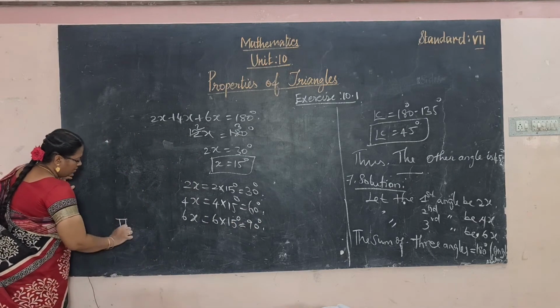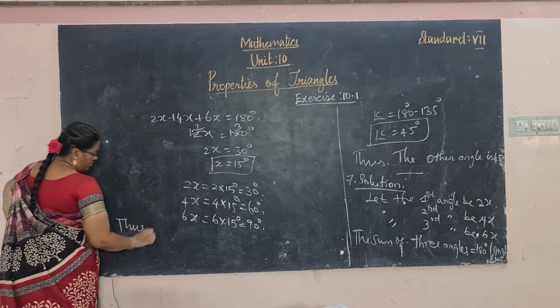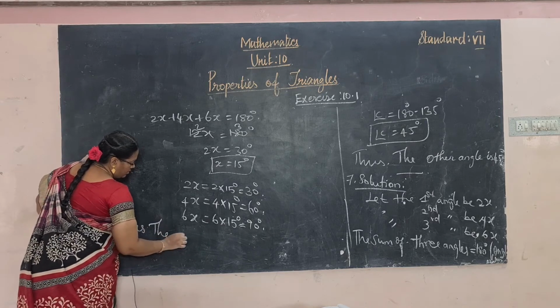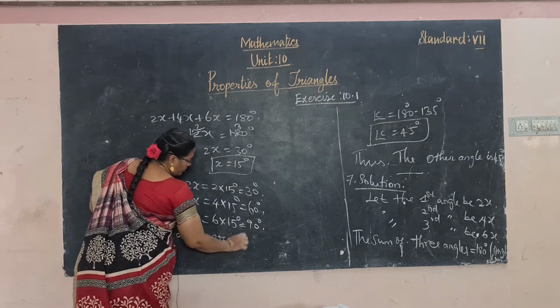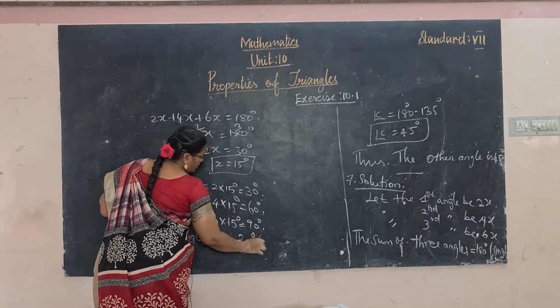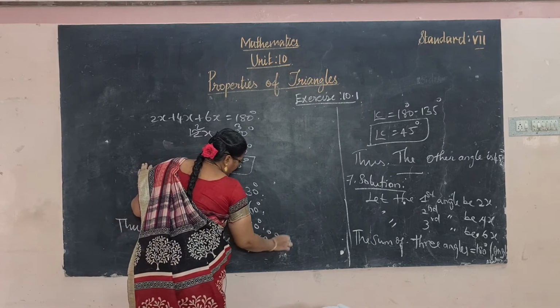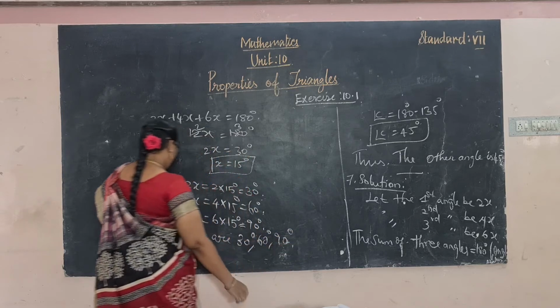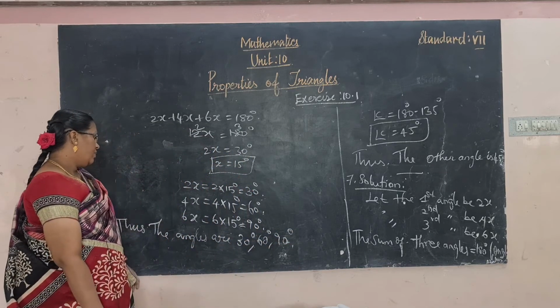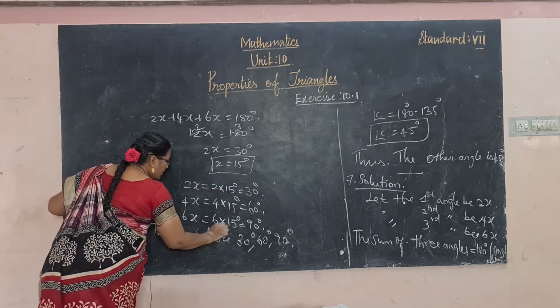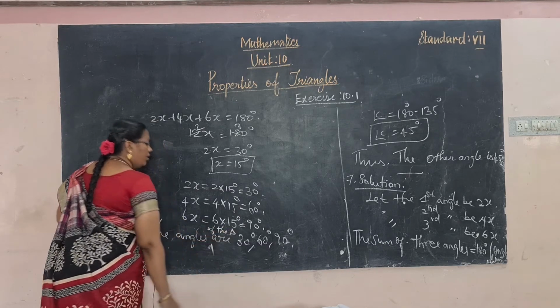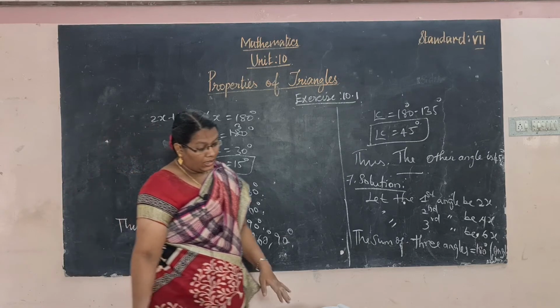Thus the angles are 30 degree, 60 degree, 90 degree. The angles of the triangle are 30 degree, 60 degree and 90 degree.